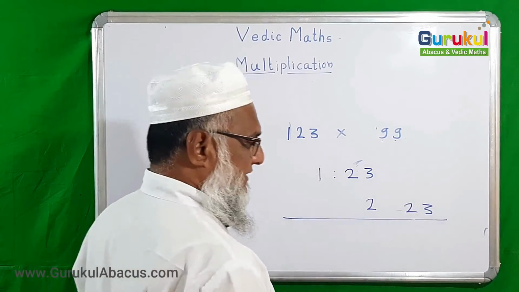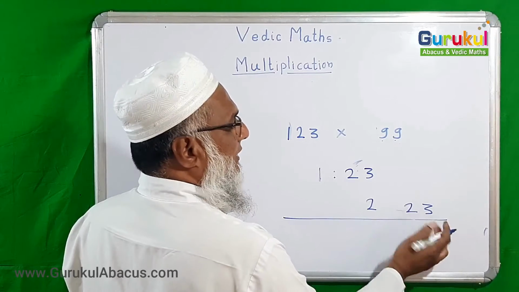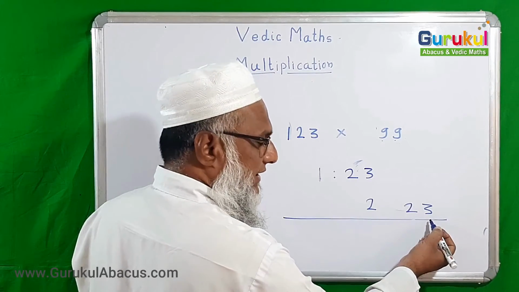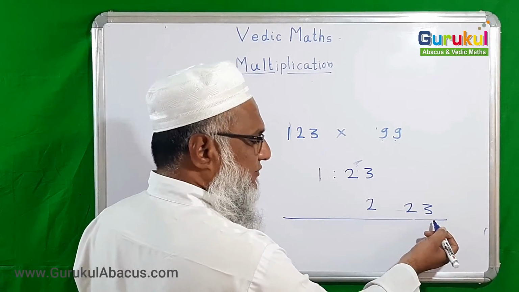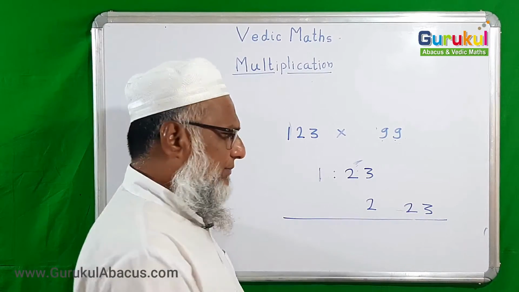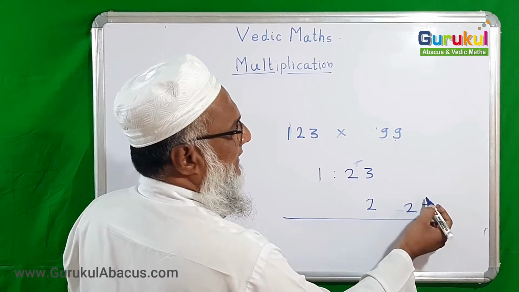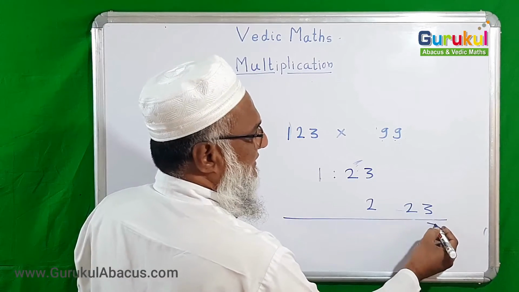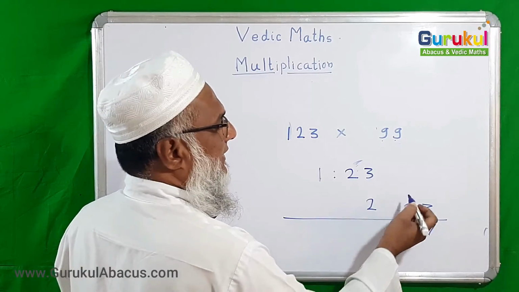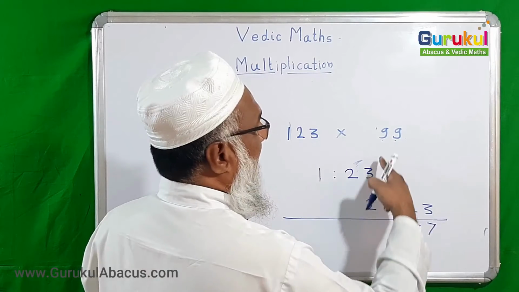Don't think about anything else, just keep the rule in mind: the last digit you subtract from 10, and the rest of the digits you subtract from 9. That's it. So here, last digit from 10: 10 minus 3 is 7, and the rest from 9: 9 minus 2, 7. That's it, write this.